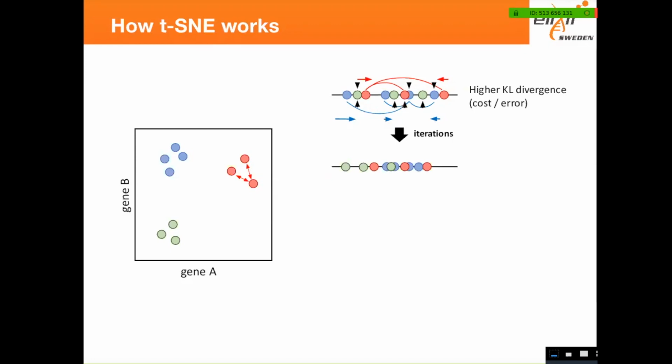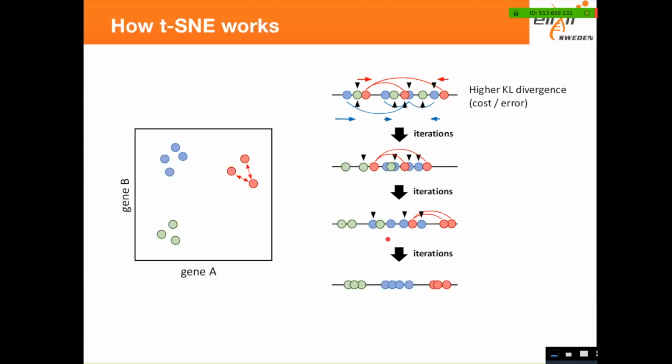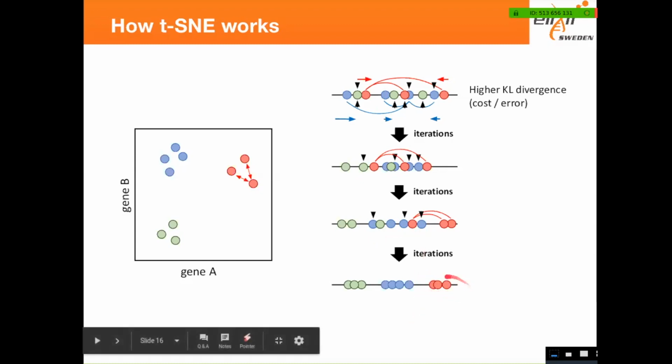So now you update the new positions of those cells. And then the red ones are still getting closer, the blue ones are starting to get closer, the green ones as well. And then you keep iterating over time until you start converging.